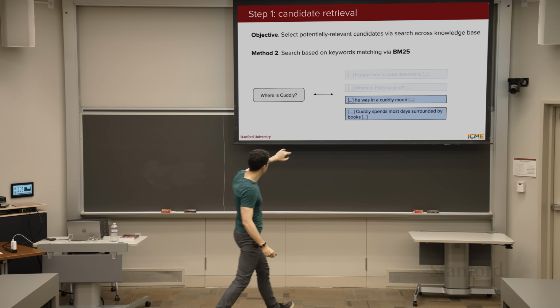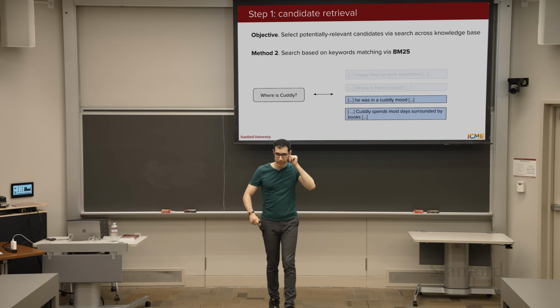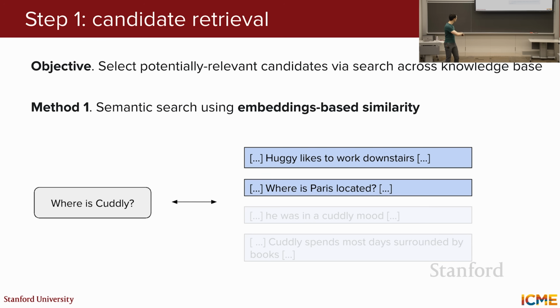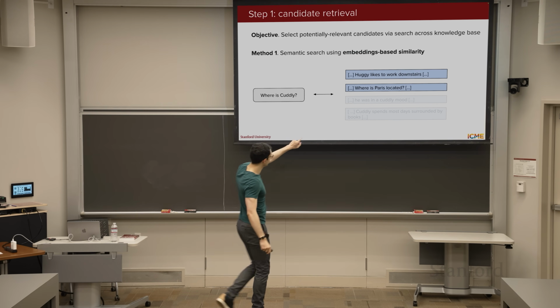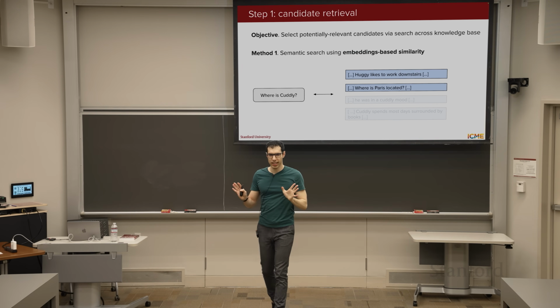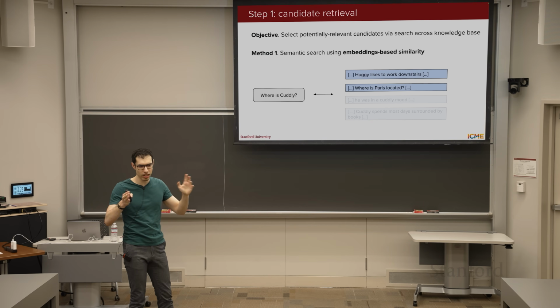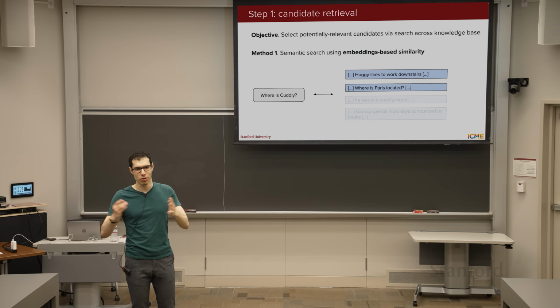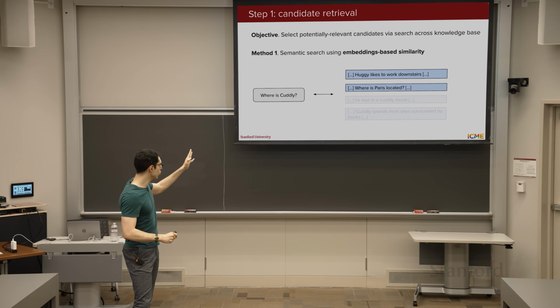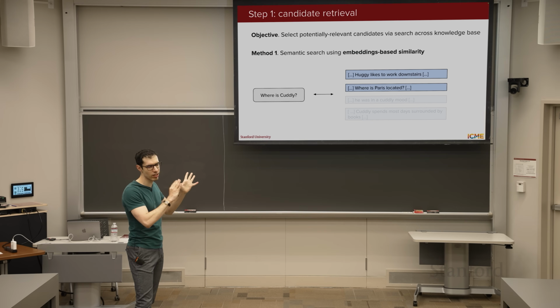So here you will have documents that contain where Cuddly is. But if you only used this semantic similarity search, you would not have that guarantee. You would only have documents that are semantically similar, and those are not guaranteed to contain keywords of your prompt. Just to illustrate that, Huggy and Cuddly can be thought of as semantically similar. So you will not necessarily have Cuddly in there.